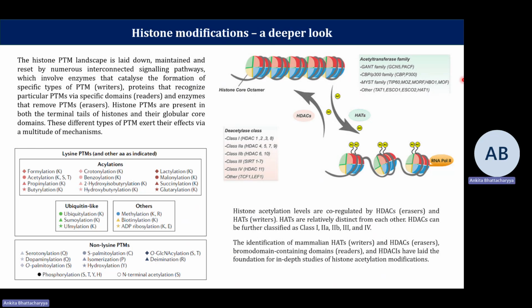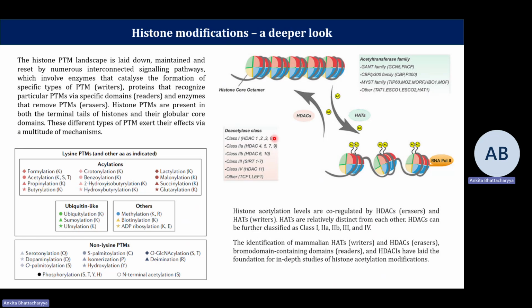In contrast, the deacetylase class includes class 1, class 2A, class 2B, class 3, class 4, and other enzymes. If you look at the schematic closely, you will see that the chromatin in the upper panel is a lot more closely packaged and dense, whereas that which has undergone acetylation is opened up, a lot more loosely packaged, and has a lot of acetyl groups added to it.